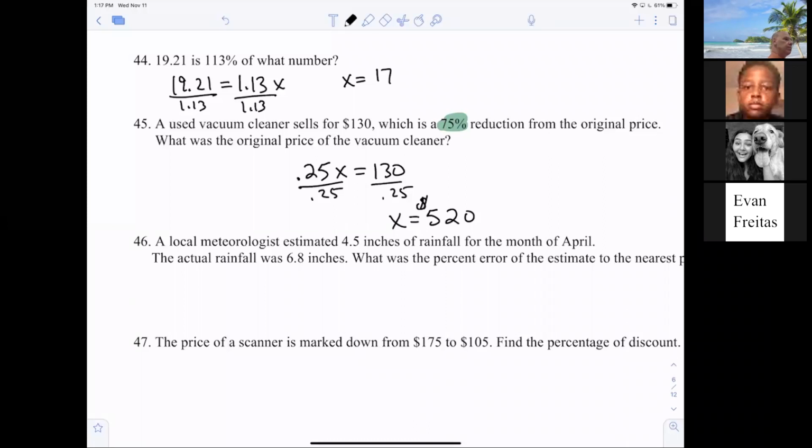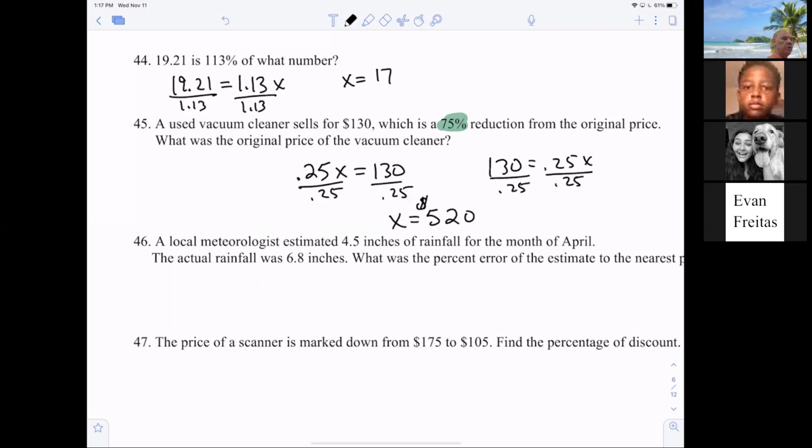It doesn't matter which way you write the equation. If you did 130 equals 0.25x, how do you know if you need to divide or multiply?